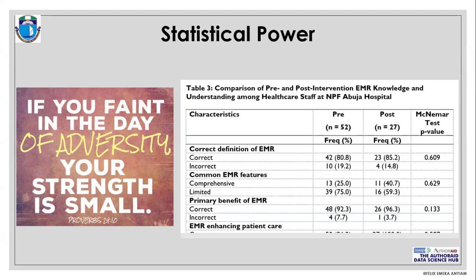Because looking at this, I can tell for sure that there's a significant difference between 25 and 40, but it didn't show because the power is small. So that's one of the benefits of ensuring that you incorporate power in your sampling.